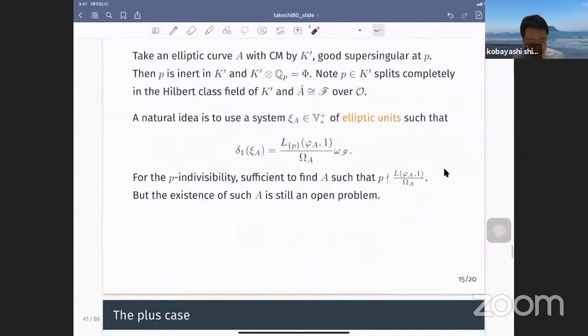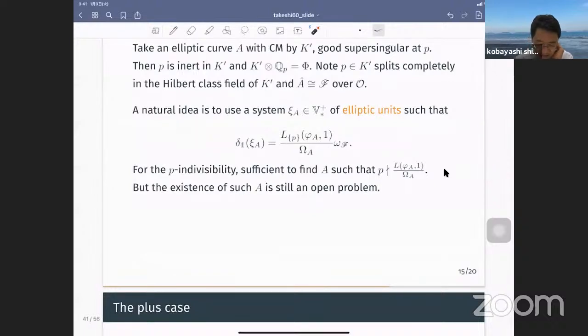And a natural idea is to use a system of elliptic units constructed from the elliptic curve A, because then it's an image. We compute for such elements the image of the dual exponential map by a global L value.